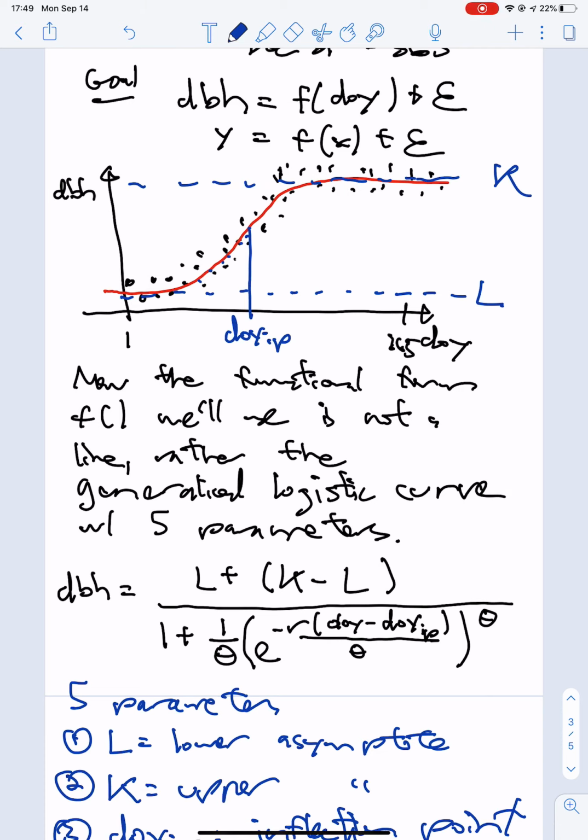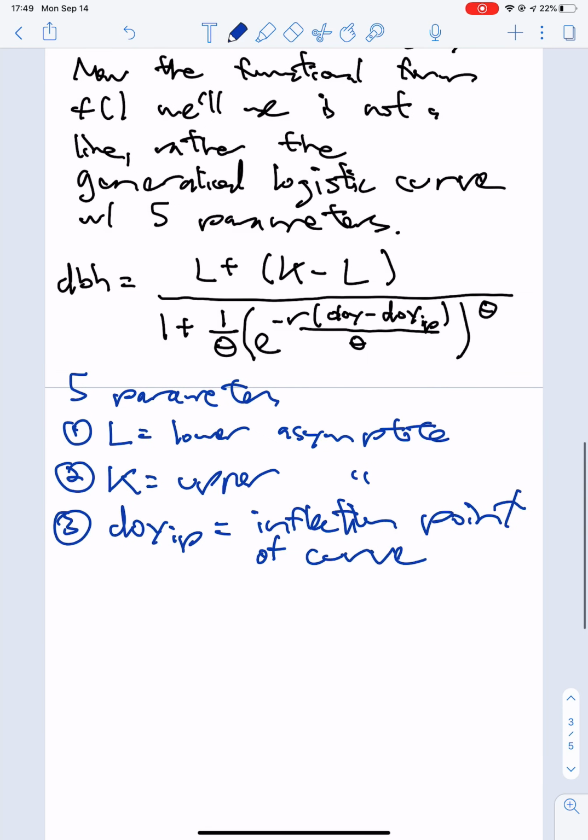I'm going to delete that, okay? But you can think of it as the point at which the curvature of S changes.